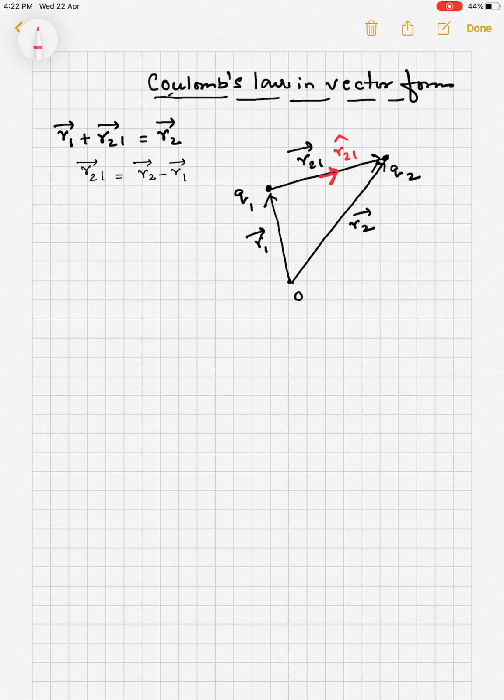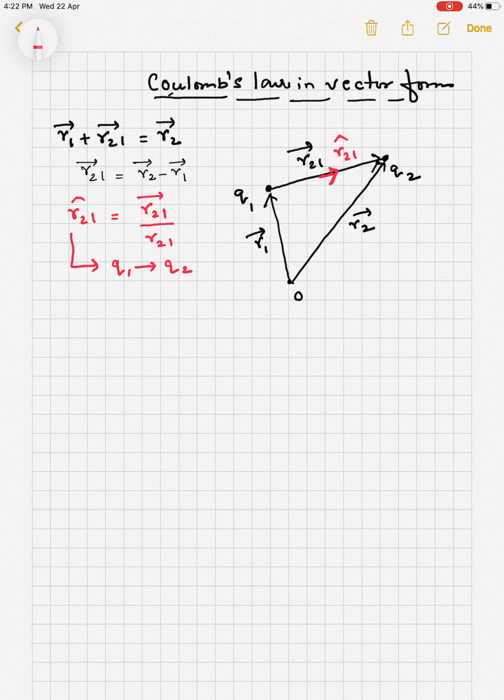So as we know, the unit vector r21 will be the vector divided by its magnitude, r21 vector divided by its magnitude. And so this is a unit vector from 1 to 2. The direction of this unit vector is from q1 to q2.